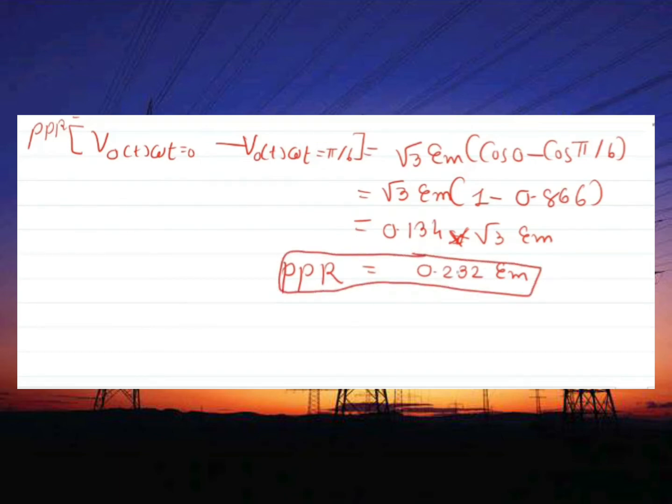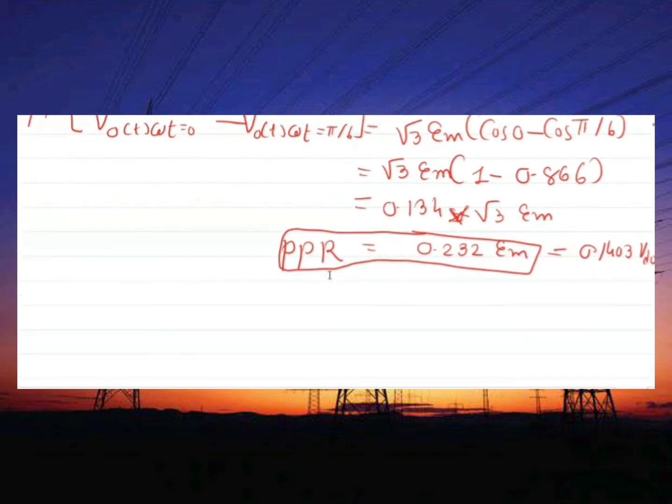Suppose we put the value of VDO, which is 3 root 3 EM upon pi. From there you get EM, and putting that value here, you will get 0.1403 VD. So you get the equation of PPR in terms of EM as well as VD. So this is your peak to peak ripple.